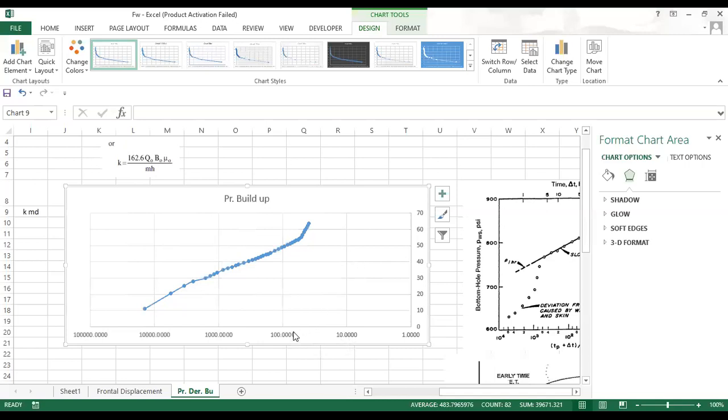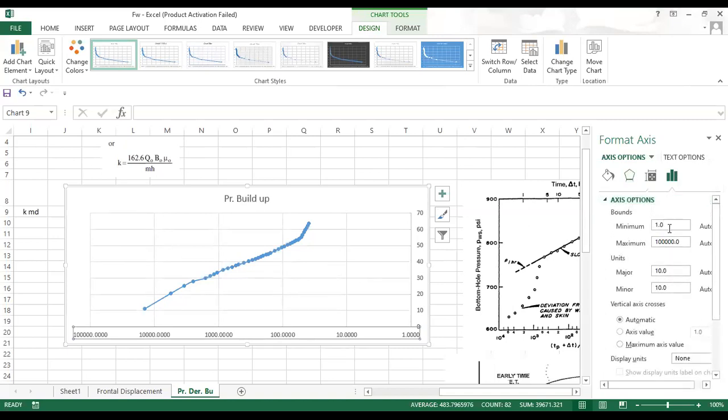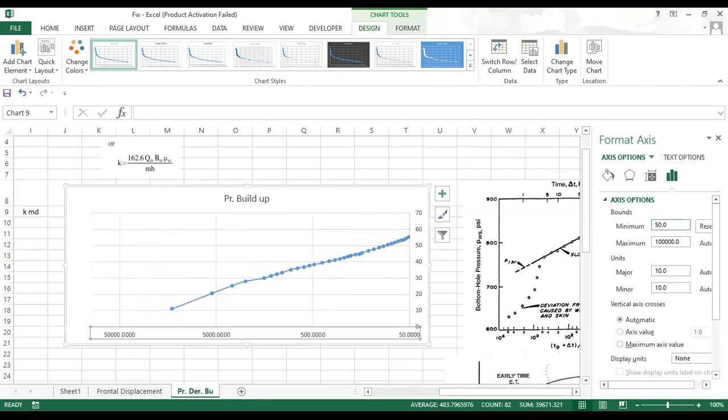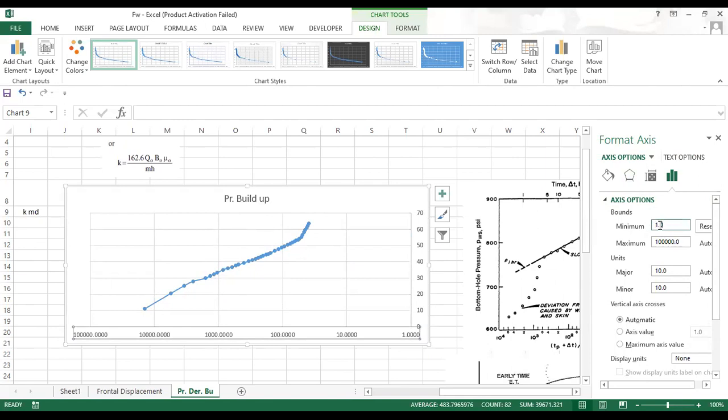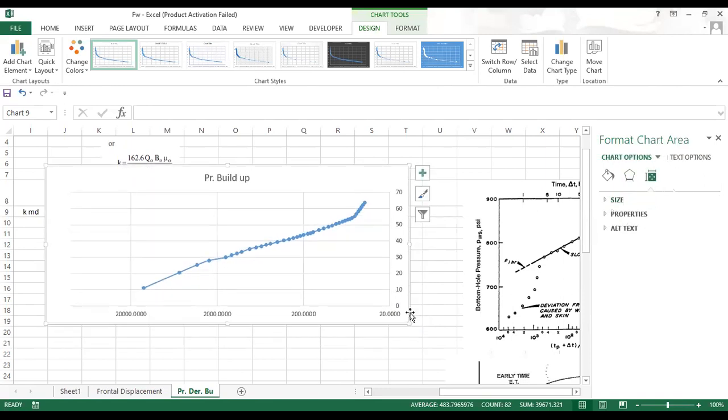So I can give the x-axis minimum value to be nearby 50. No, it is not. It is crossing 70. That could be a right value to understand this graph.